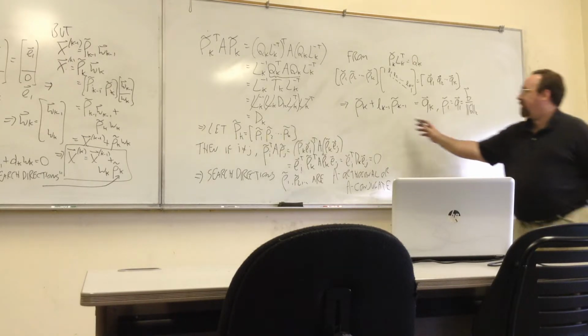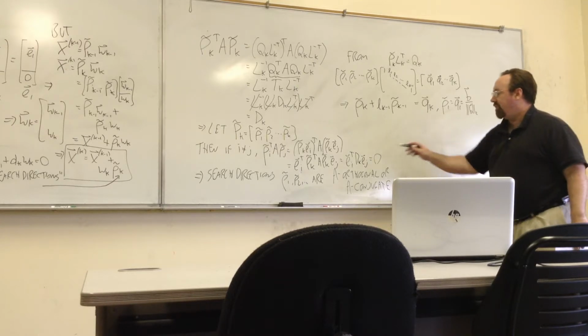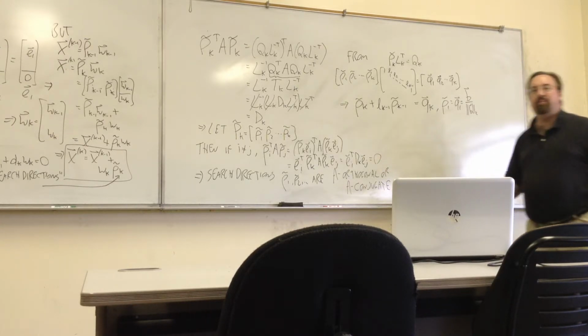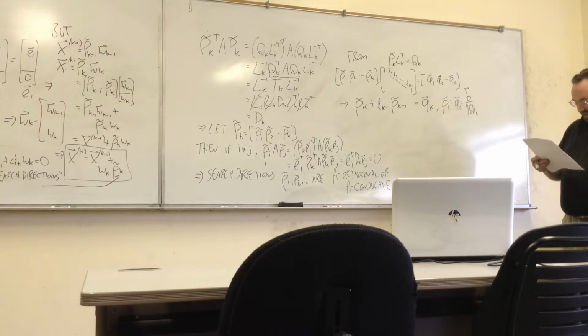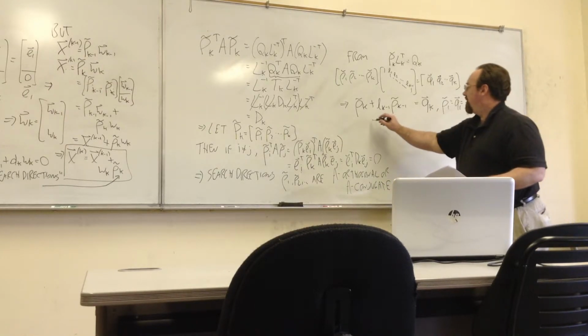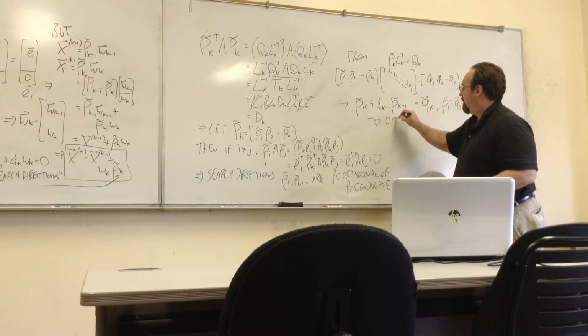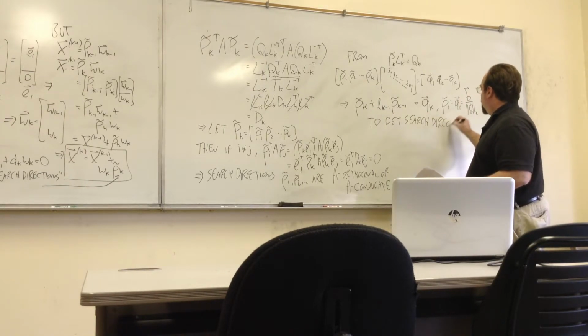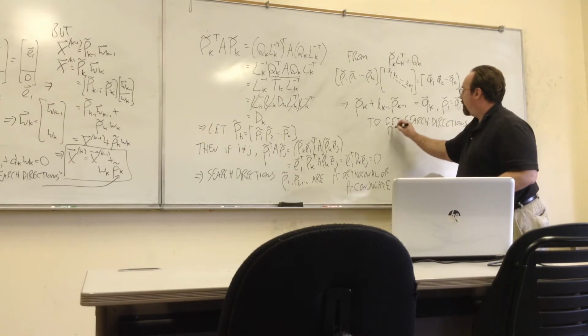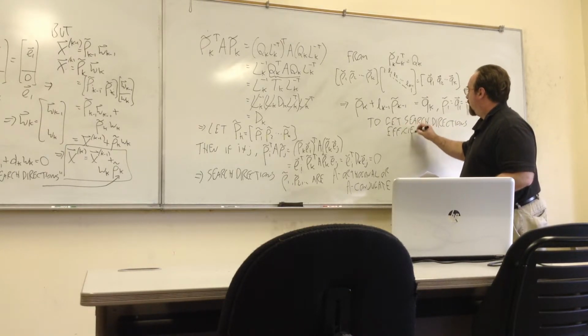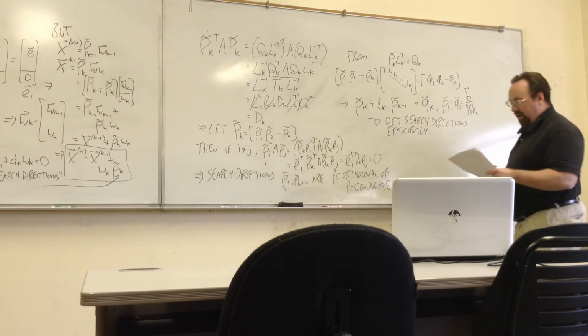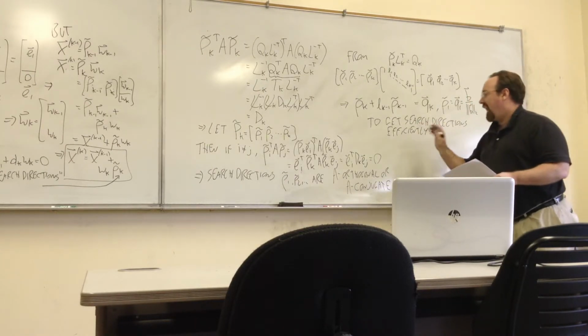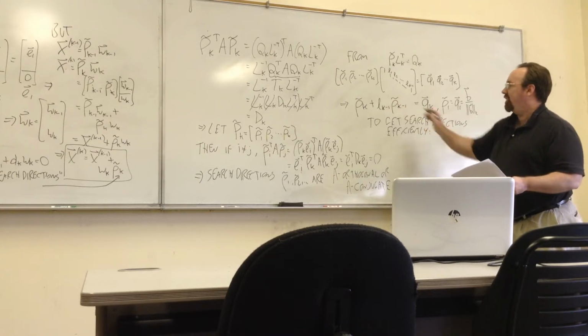So in order to get a better way to compute these search directions, we can use this condition here, that they have to be A-orthogonal or A-conjugate. So to get the search directions more efficiently, I'm going to define the actual search directions we'll use, because I have these P tildes all over the place.